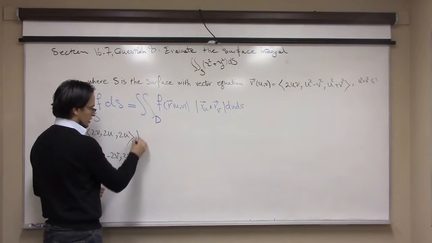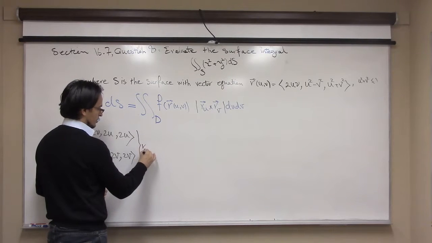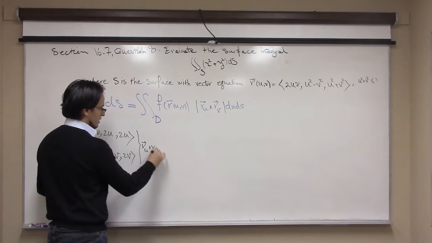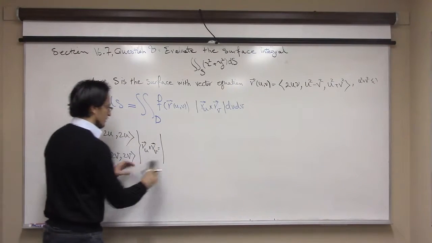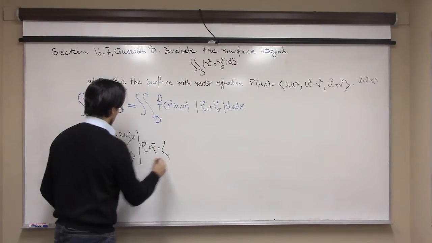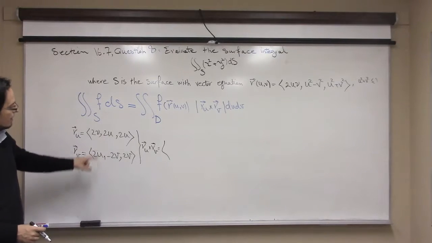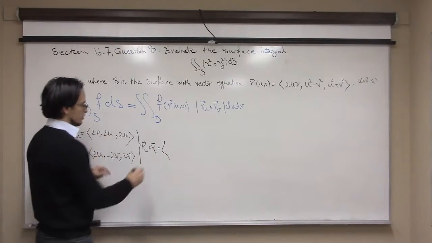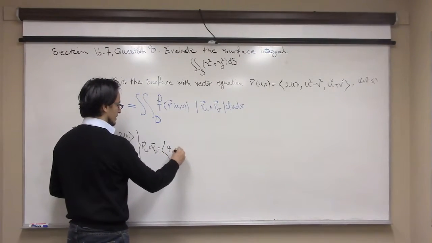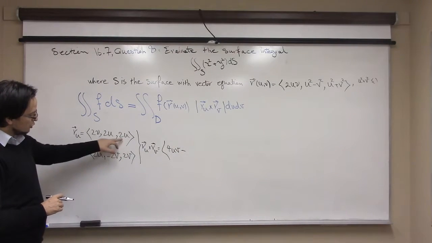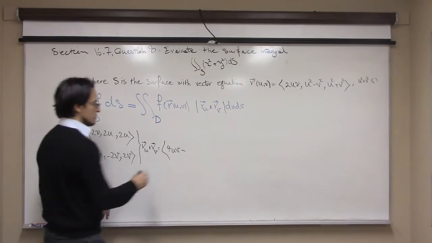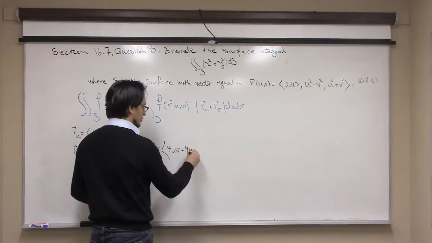And then cross product them. So r_u cross r_v. Okay, I'm not going to write that, I'm just doing the cross product because I have it here. So the first component is going to be 4uv minus 2uv times 2u times negative 2uv, so it is plus 4uv.